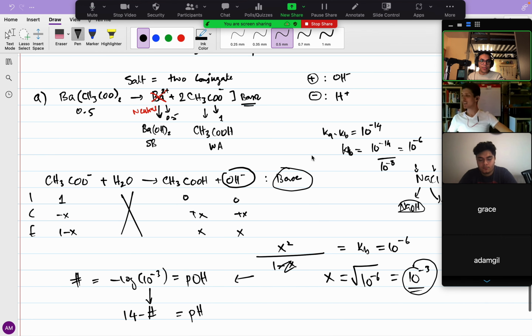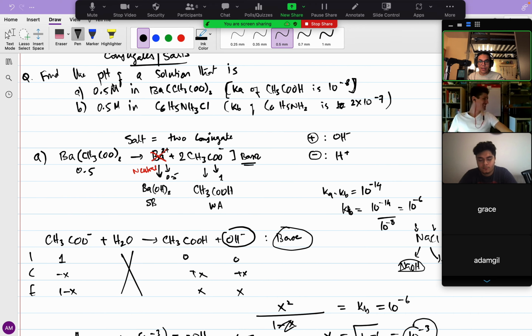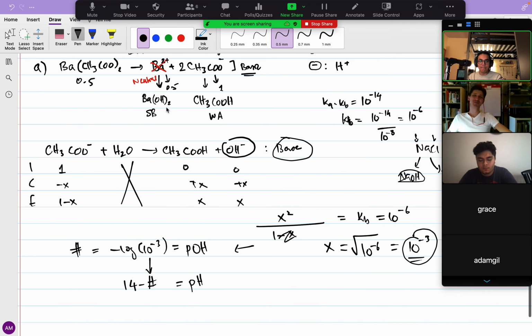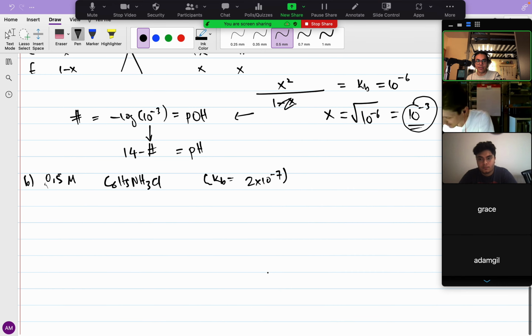Right, now let's run another dry run with part B. Same deal. 0.5 molar. It was C6H5NH3Cl, and I gave you Kb as this value.